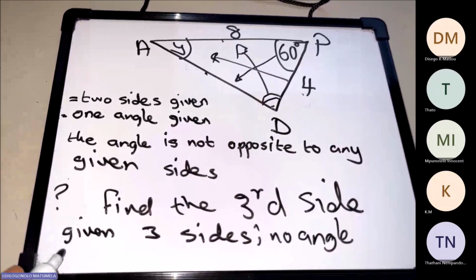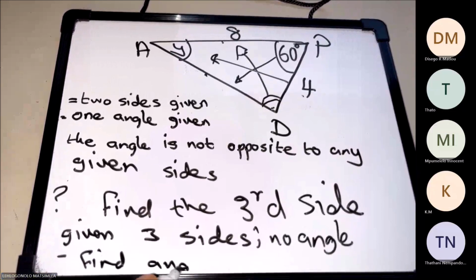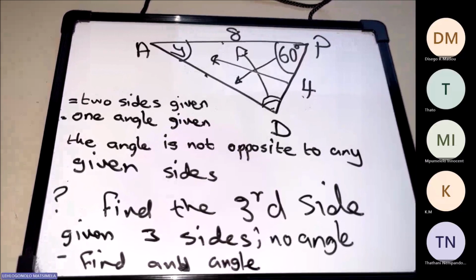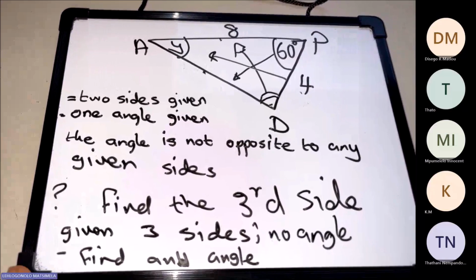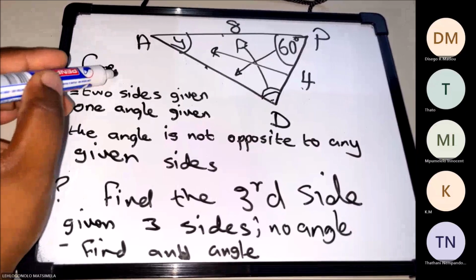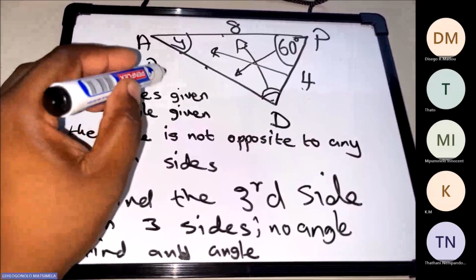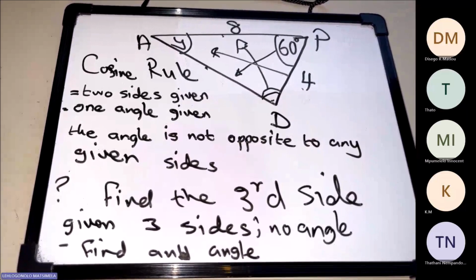What can we find? We can find any angle. These are the properties that will work on a cosine rule. Class, I give you a minute. Please write them down. The first part says two sides with one angle is given.